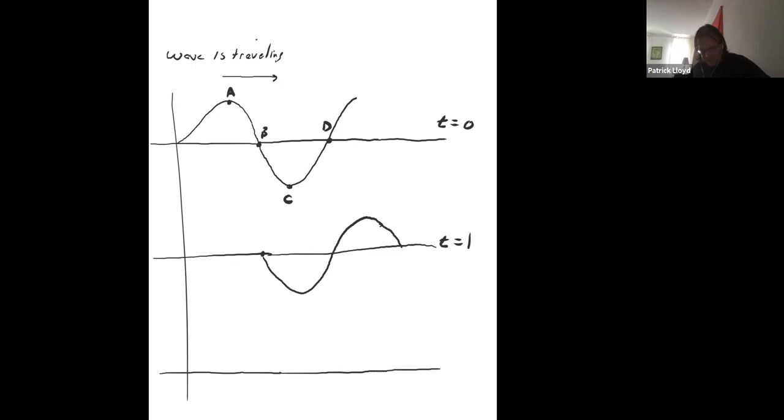Okay, so now here's our A. Our B has moved over to here. And our C has moved over to here. Our D has moved over to there, right? So we've now moved this wave, right? It's moving in this direction.